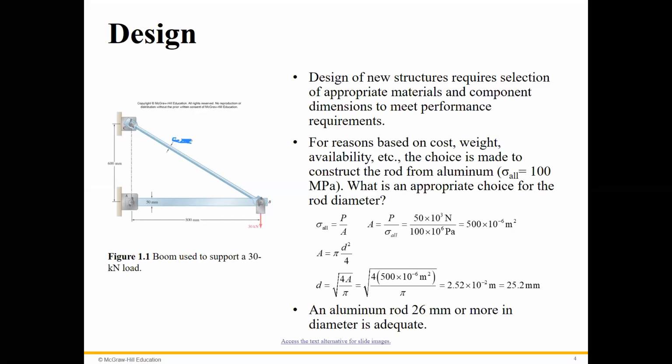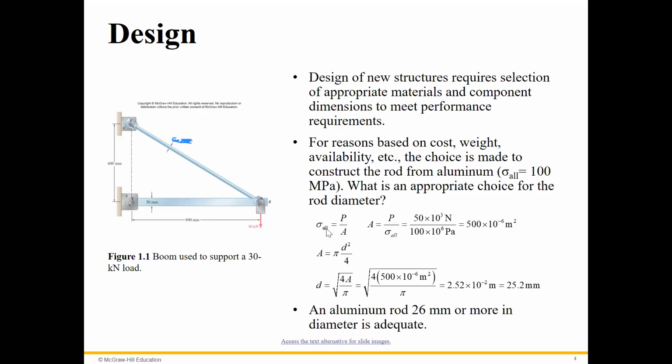So, we have an allowable stress, right? The allowable stress is given by the factory, and we know the allowable stress is the stress we cannot exceed. That's the maximum value. So based on the allowable stress, we can find the cross sections.